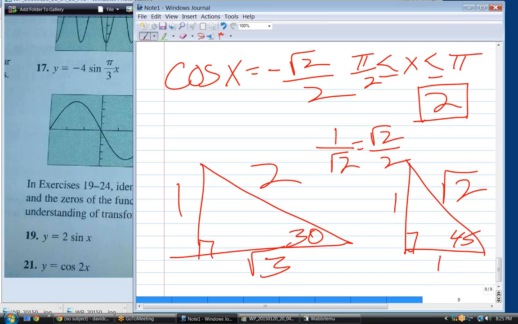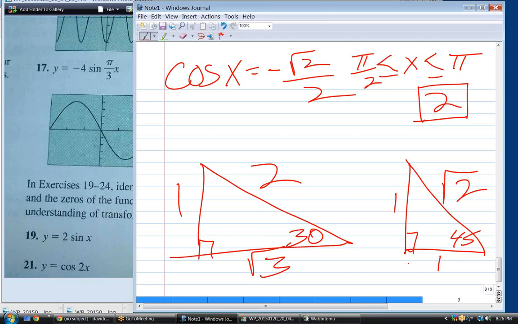Doing root 2 over 2 only works if you're doing sine and cosine. If you're doing secant and cosecant, you end up having to rationalize, because now you have the irrational number in the denominator for those. So for sine and cosine, I can see where root 2 over 2 works a little bit better, but it also confuses the issue if you teach it both ways.